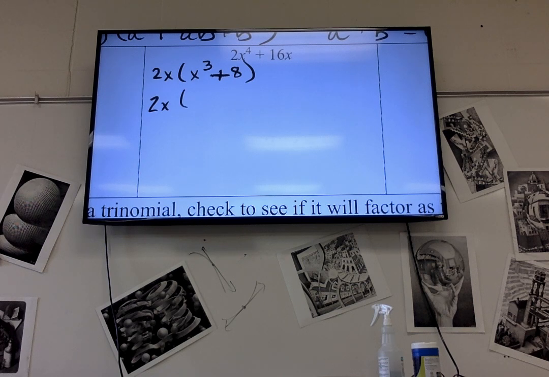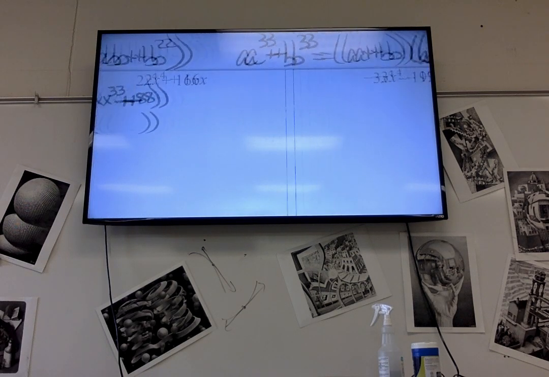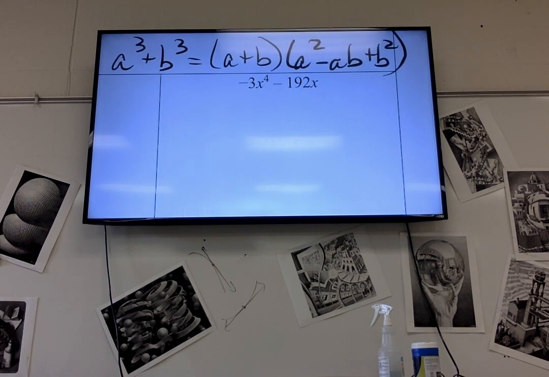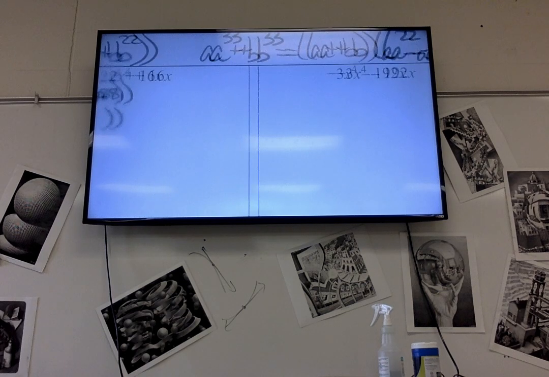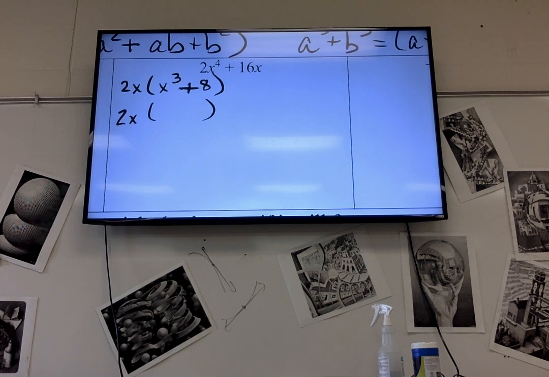Factor out the cube. So it becomes. That's where I always get. Oh, okay. Just look at this one. You just take the cubed root of each one of them. So what's the cubed root of x cubed? X. Yes. And then the cubed root of 8? 2.